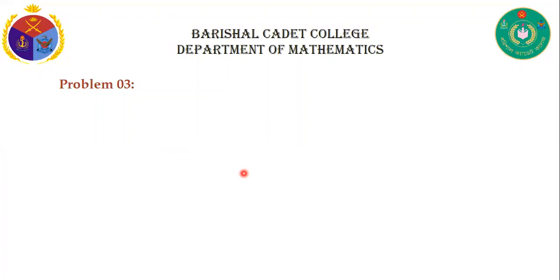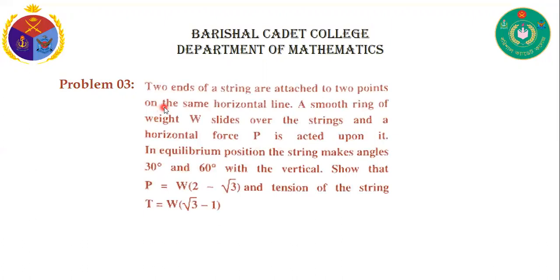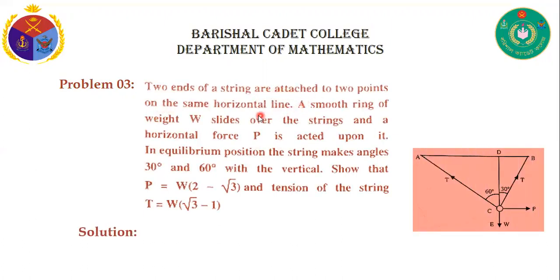And now problem 3. Two ends of a string are attached to points on the same horizontal line. A smooth ring with weight W slides over the string. A horizontal force P is acted upon it in equilibrium position.